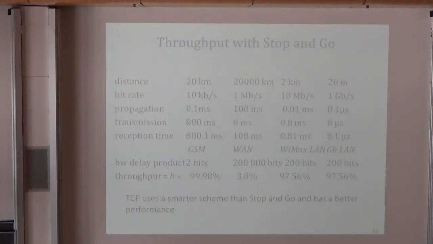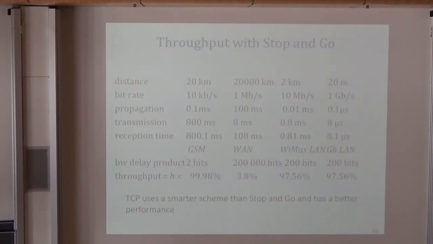It works if you have one message to send, but if you have 1,000 messages to send, it will take you 30 times more time than you would need if you had a smarter protocol. A smarter protocol is called TCP. So when we study the transport layer, we will see how TCP can get rid of this problem.